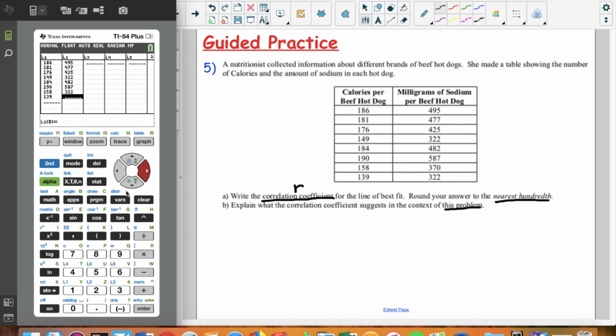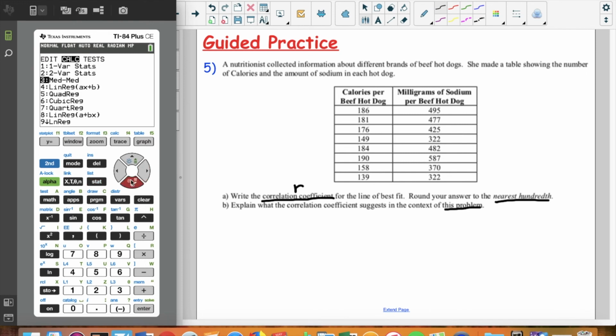I forgot 370. That's fine, just fix it now. I'm just going to type in 370 instead of 322, and then type in 322. If you ever get that error message, just make sure to go back to your columns to see if you typed it incorrectly. So go to calc, go to 4, enter, enter, enter, enter, and this is what I get.